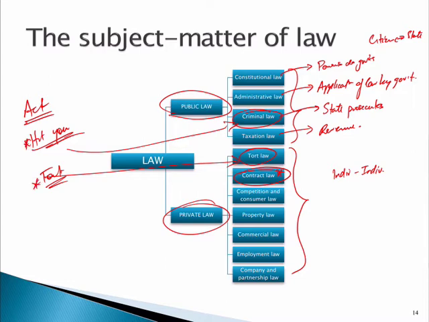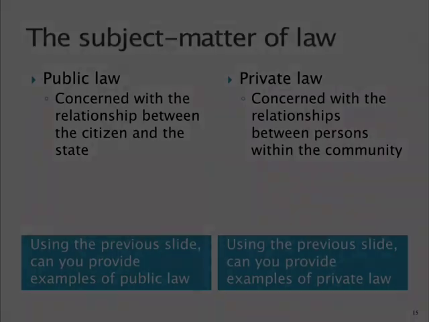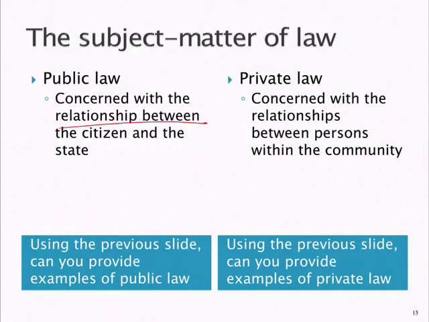So it's not so much the act, it's the nature of the relationship that becomes important. Just to reiterate, public law is the relationship between the citizen and the state. Private law is relationships between people within the community.